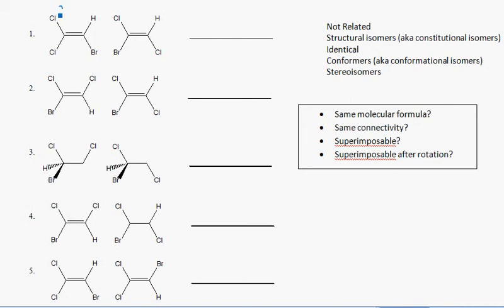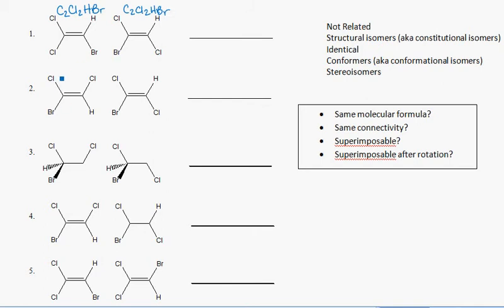So if we write its molecular formula, it is C2. It has 2 chlorines. It has a hydrogen and a bromine. If we look at our second molecule, it has the exact same molecular formula. So the pair of molecules at the top are related in some way, so we haven't found our not related molecules yet.